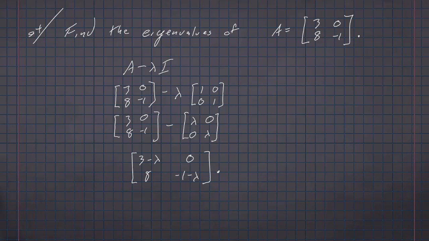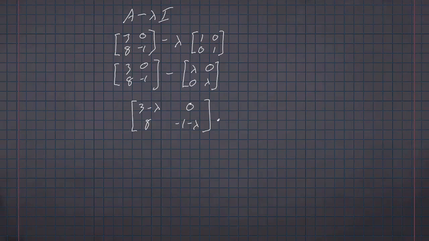Now we have the matrix that we want to work with, and the characteristic equation simply asks us to take the determinant of this matrix and set it equal to 0. So the determinant of 3 minus lambda, 0, 8, negative 1 minus lambda.